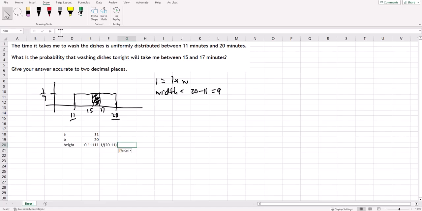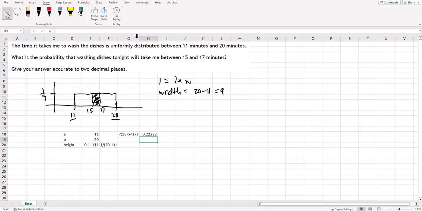So then the area between 15 and 17, the probability that 15 is less than x is less than 17, is going to be this width right here. So 17 minus 15 is 2, times the height. So this is our probability.